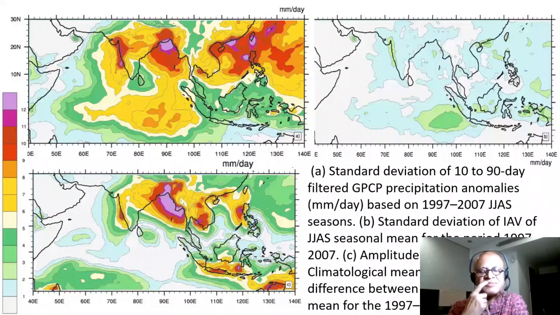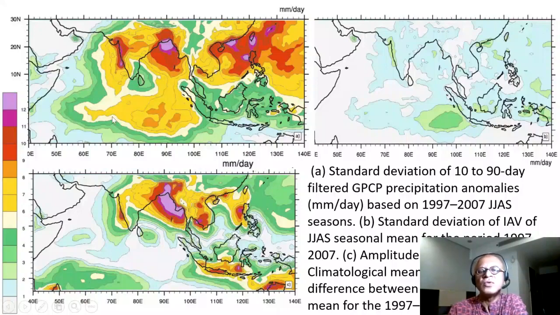So there are several precipitation products which combine in situ data, satellite data, and so on, but sometimes they combine different data. Nonetheless, the large-scale structures tend to be pretty similar.